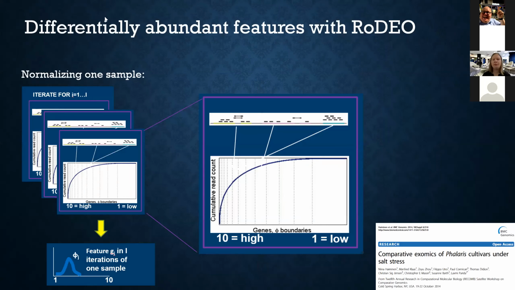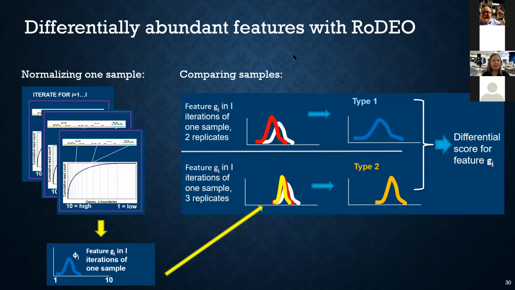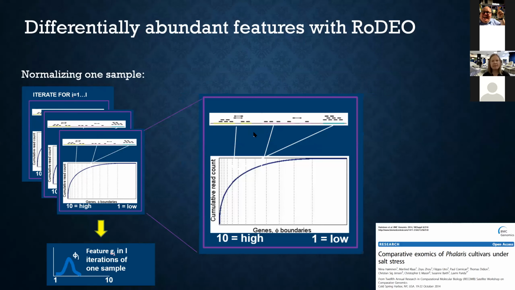So this RODEO method we originally published for transcriptomics, looking at plant transcriptomes where the reference genomes were still missing, but we had transcriptomes and we wanted to compare the transcript profiles. Here we take each sample and do a bootstrap iteration of taking the sequencing counts and reassigning them.